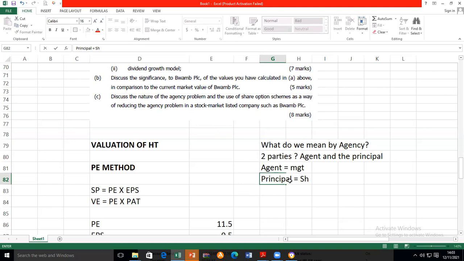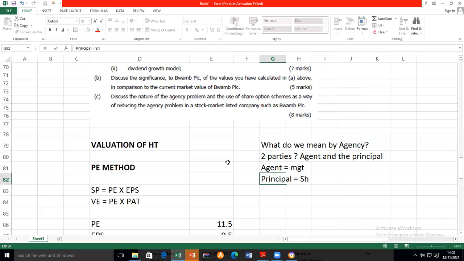The shareholders engage the management team to run a business for them. There are 8 marks. What is the agency problem? Management not acting in the best interest of shareholders, e.g., giving themselves excessive remuneration.